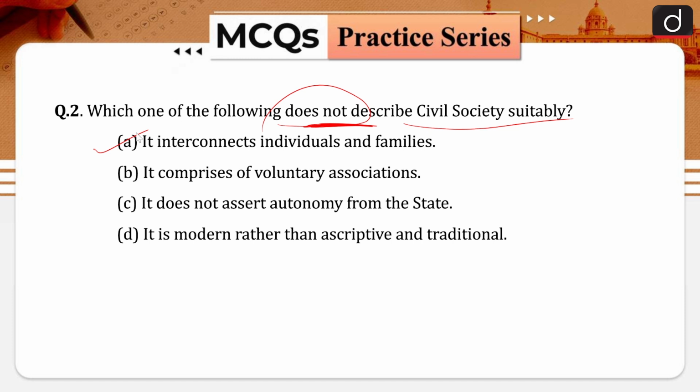So if I talk about the civil society, it refers to a wide array of organizations such as community group, non-governmental organizations also known as NGOs, labor unions, indigenous groups, charitable organization, faith-based organizations, professional associations and foundations.